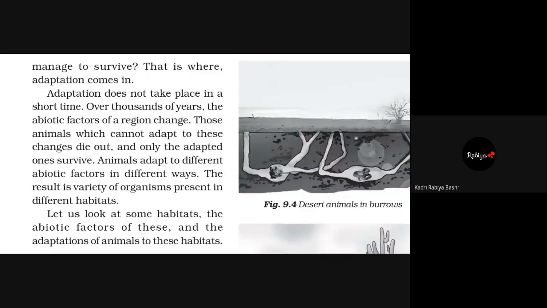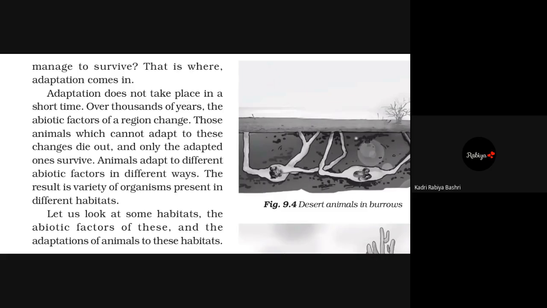Yes, ma'am. Adaptation means to take the changes, to believe in changes. Look at dinosaurs, I give you a good example of what happens when you don't take adaptation. Dinosaurs haven't changed, so what happened? Because of changing climates and all, dinosaurs have died.